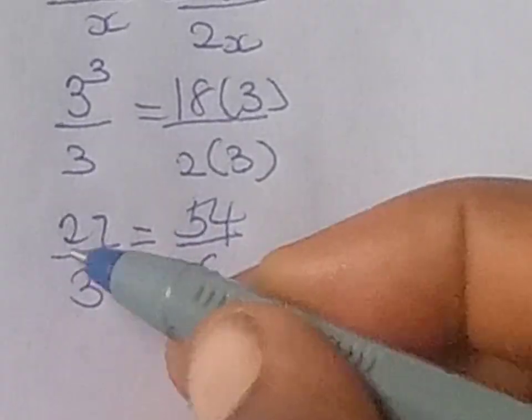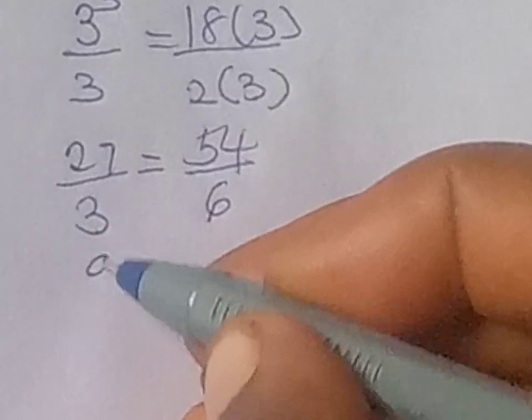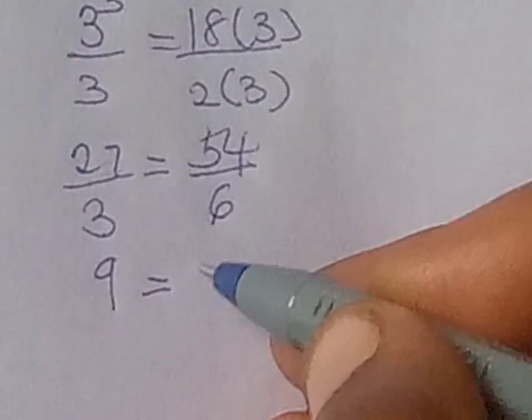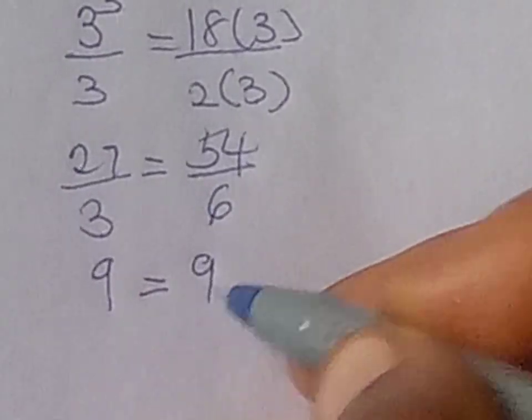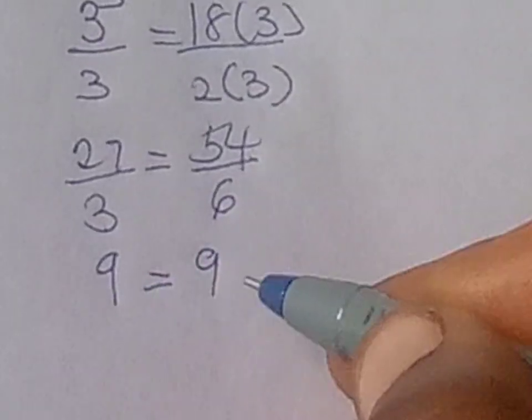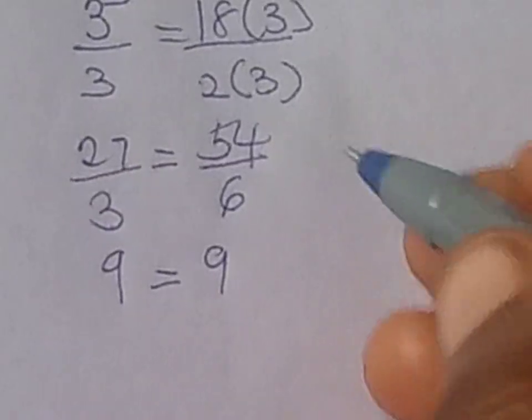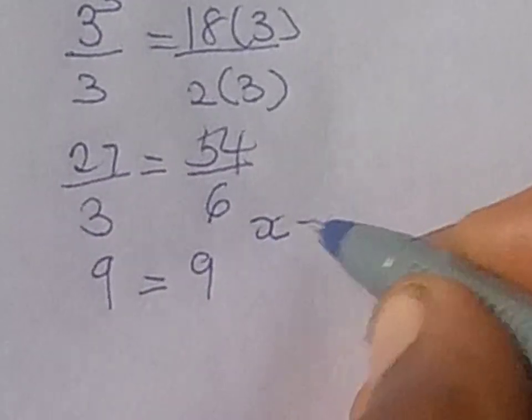So on the left side, 27 divided by 3 will give us 9. And also on the right side, 54 divided by 6 will give us 9. That means our left side matches with the right side. Therefore, our x equals 3.